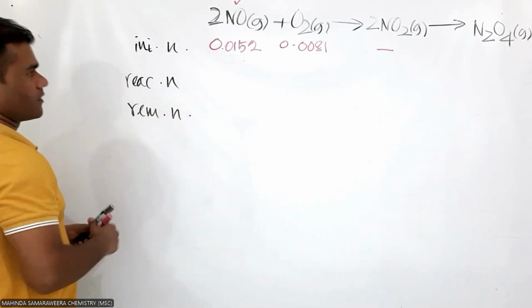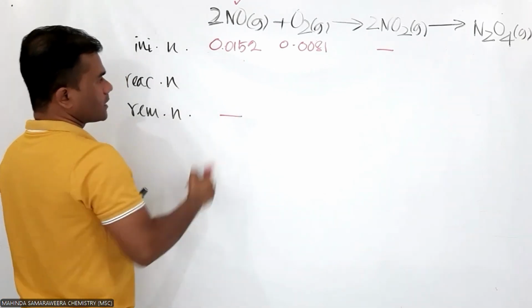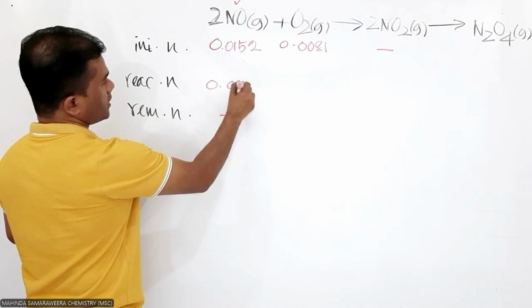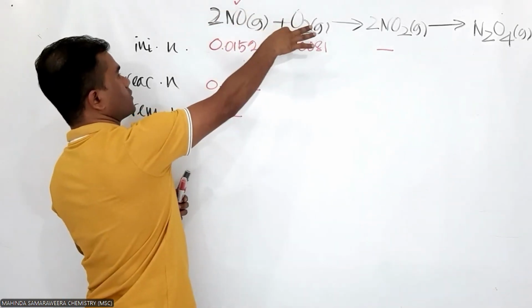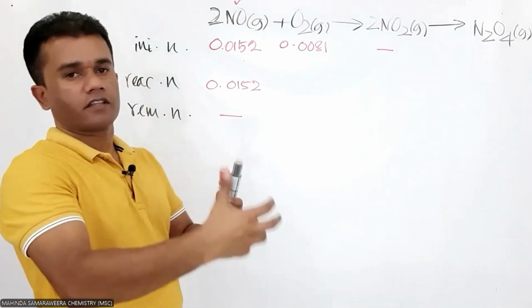If that is the limiting reagent, it should be fully reacted. Then the reacting mole should be whatever was initially available. The reacting mole of oxygen will be half of that, because 2 moles of NO react with 1 mole of O2.